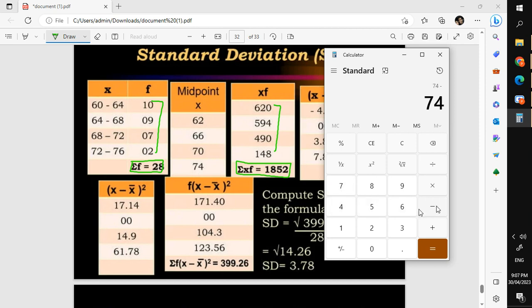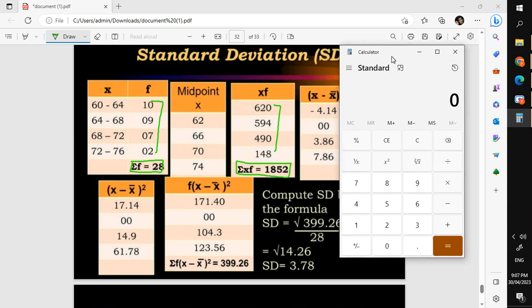74 minus 66 point, wala ba? 66 point something. 62 minus 4.14. Okay, that's 57.86. We'll try 57.86. 62 minus 57.86.